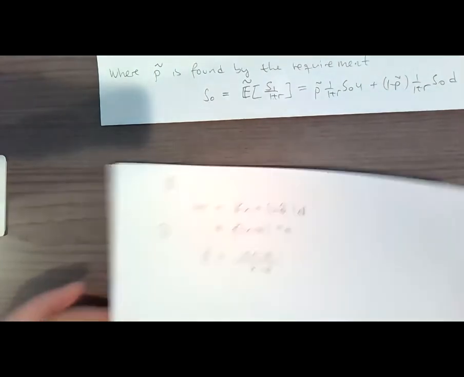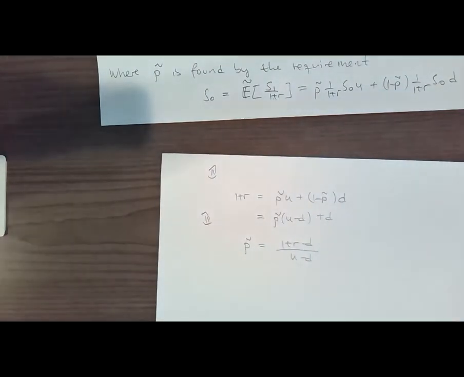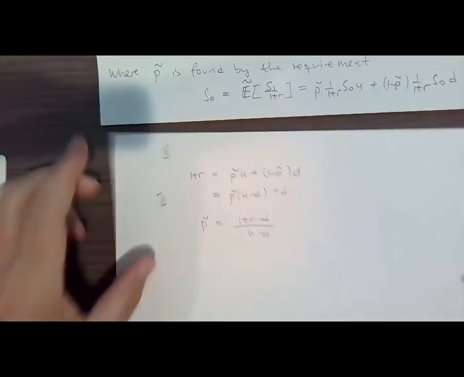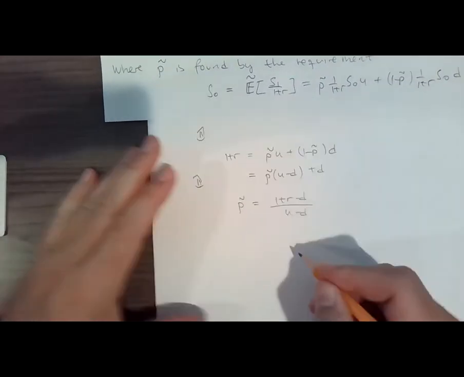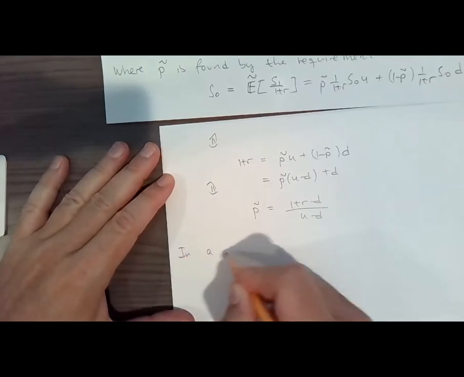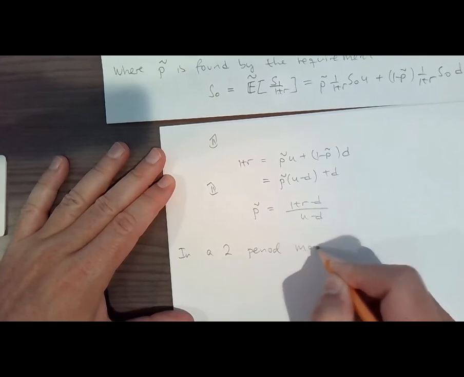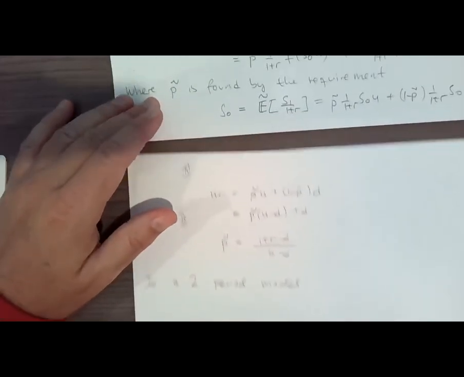So in a two period model, this is where the mess starts. Some more paper. In a two period model, what would we guess here?